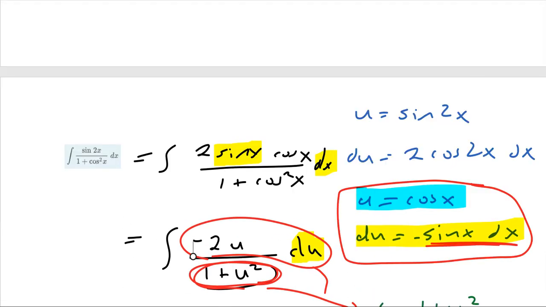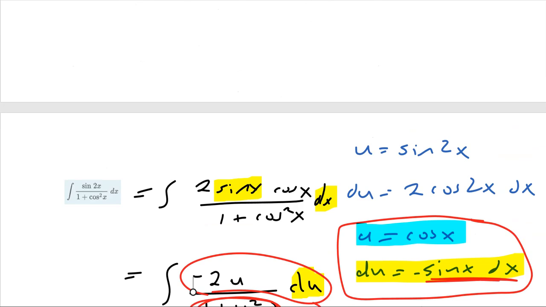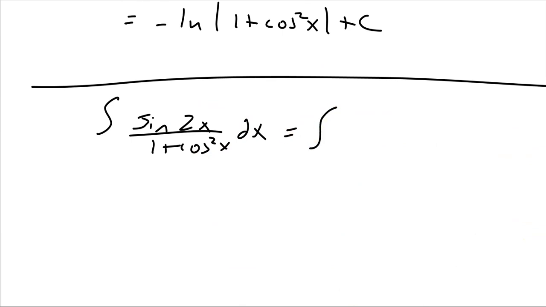Sine of 2x over 1 plus cosine squared of x. So we had this and said, okay, well, I still needed that trig identity. So that was 2 sine of x cosine of x all over 1 plus cosine squared of x.